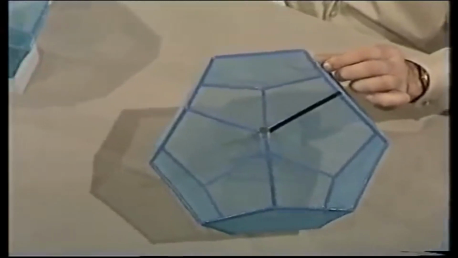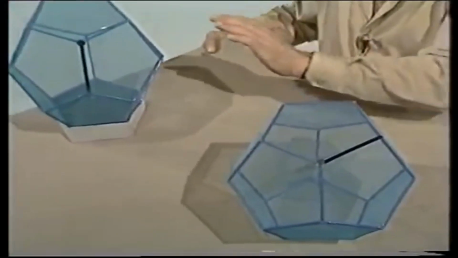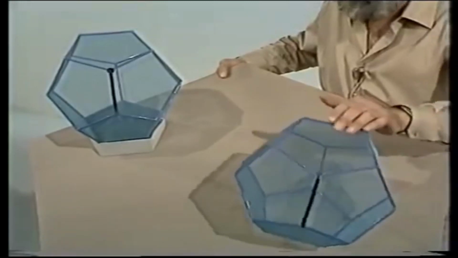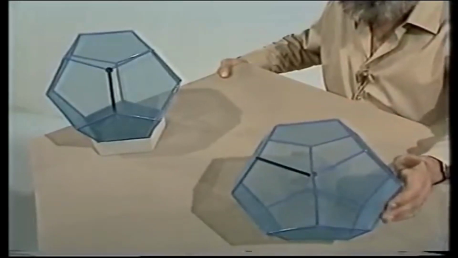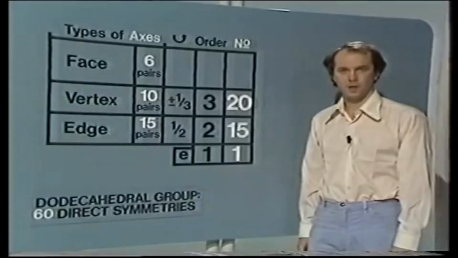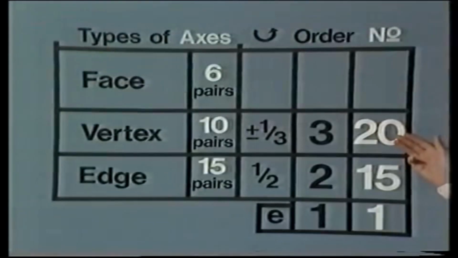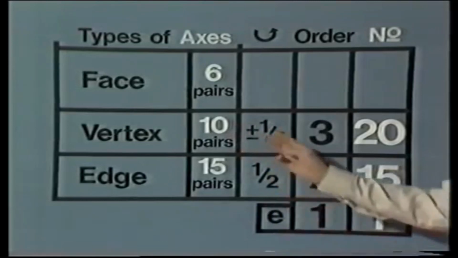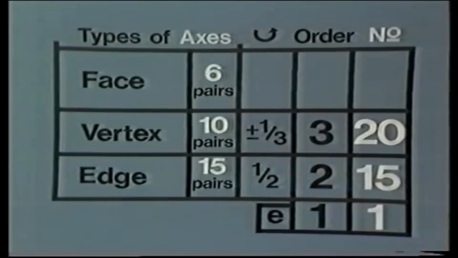A third of a turn, and we are back in the space we originally occupied, and similarly, minus a third of a turn. And both these rotations have order 3, of course. So we get a total of 20 distinct rotational symmetries about vertex-type axes, plus 1/3 of a turn about each of the 10 axes, and minus 1/3 of a turn about each.